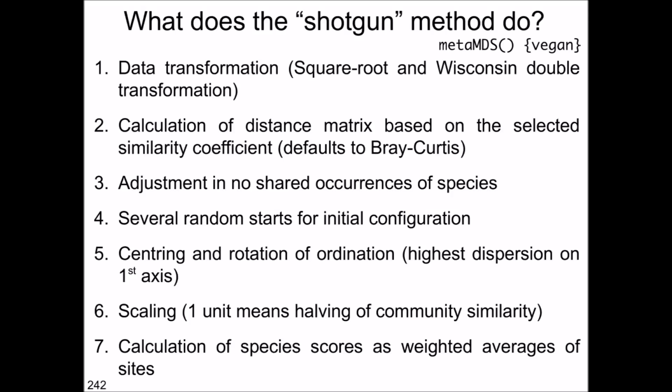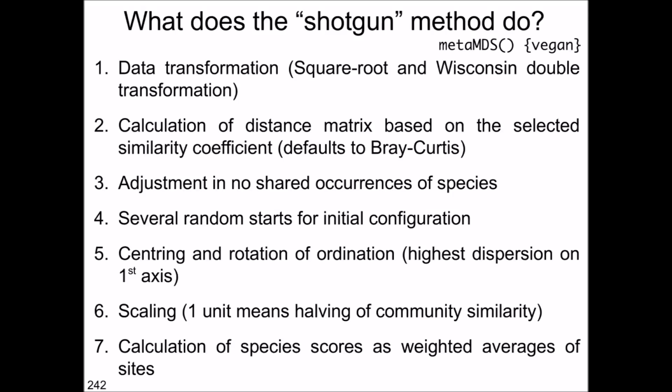Nevertheless, if we look at the ordination, we can see that the distances are slightly higher along the first axis than the second axis, but not interpreted in a proportional way. Then the resulting data is scaled. That means that one unit along the axis means a halving of community similarity or a doubling of the distances between two communities if we look at species communities in sites.